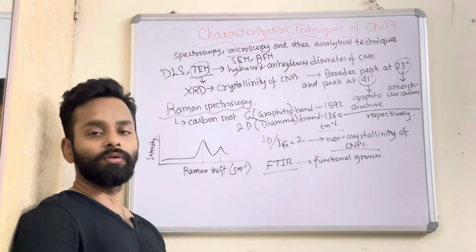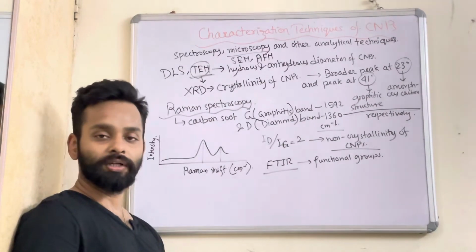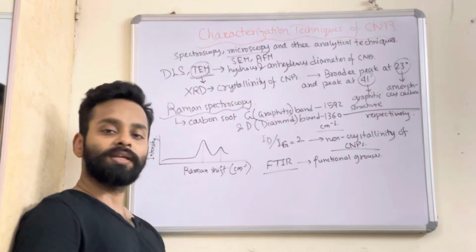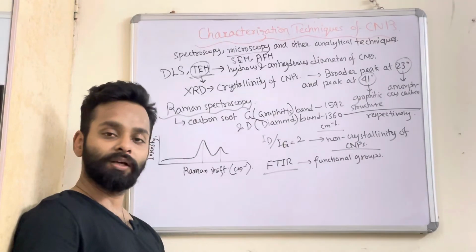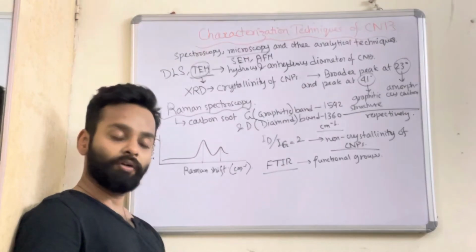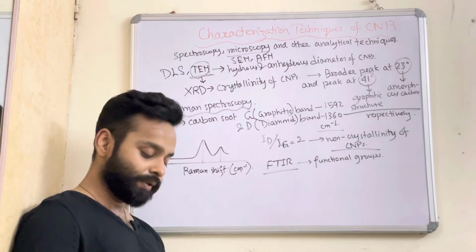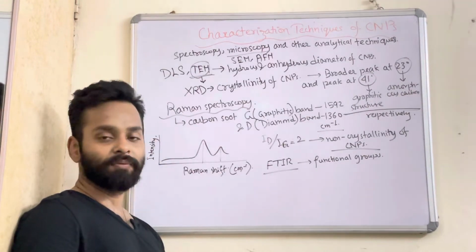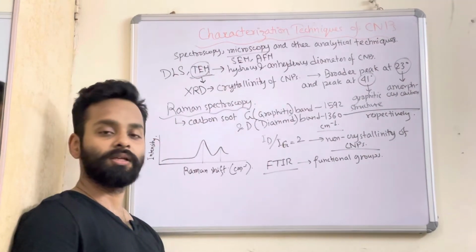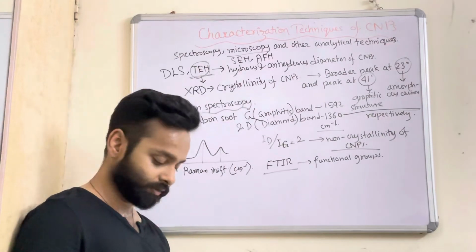So every molecule will have different chemical bonds associated with it, and based on the stretching vibrations of these different chemical bonds, FTIR can give an estimation about the different types of bonds which are present in a molecule or in a structure.